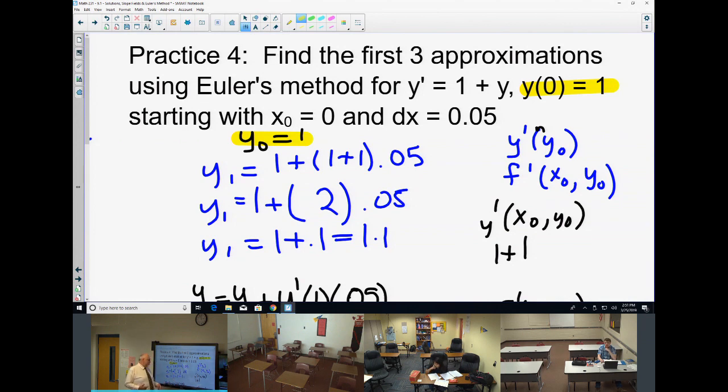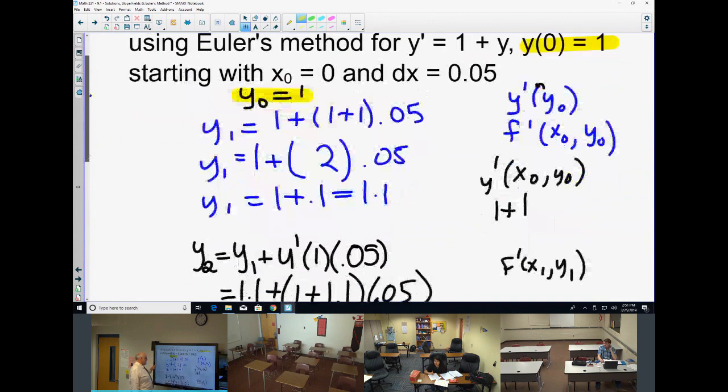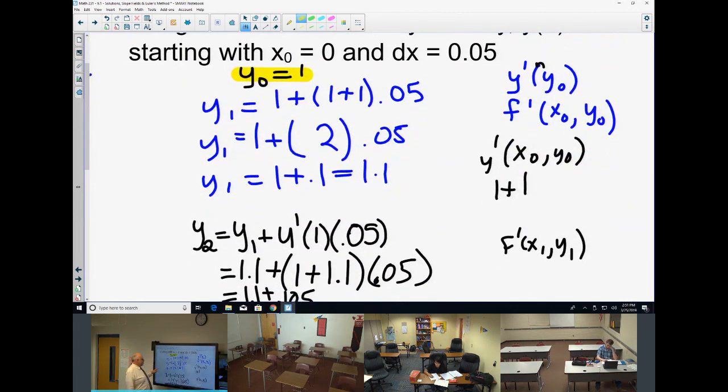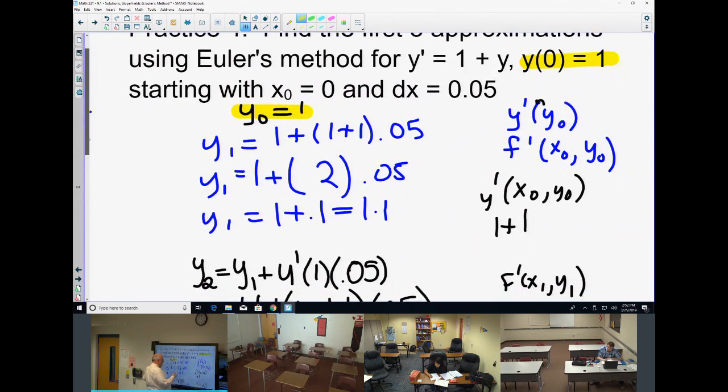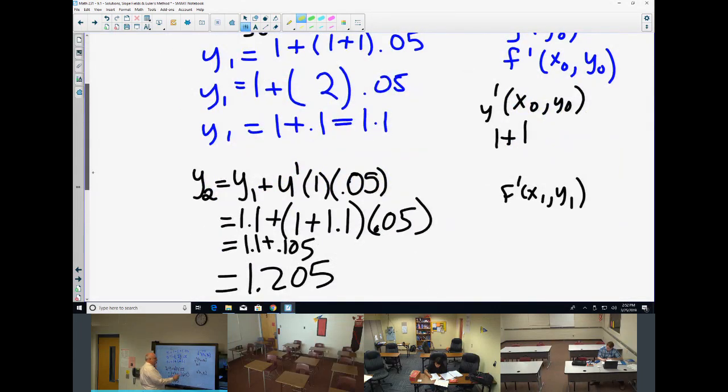Then you take that and say y sub 2 is 1.1 plus, then you plug in 1.1 for y up here. So y prime is 1 plus 1.1, so you have 1 plus 1.1 times the 0.05. And so you get 1.1 plus 0.105, so 1.205. That's your y sub 2.